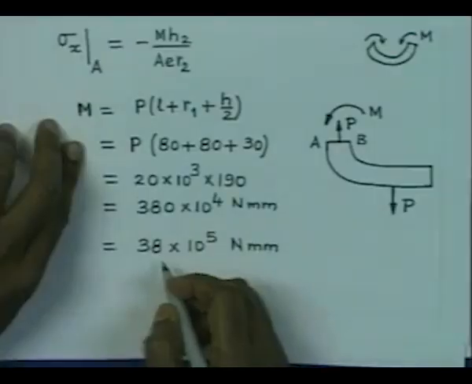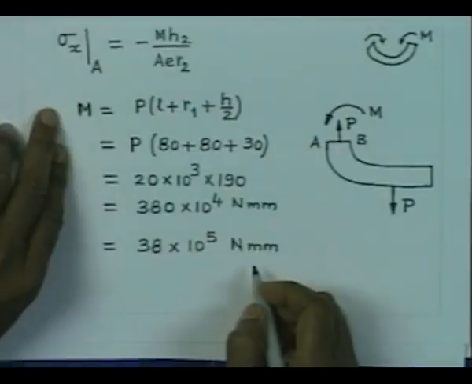So, we have got the bending moment as 38 into 10 to the power 5 Newton millimeter.